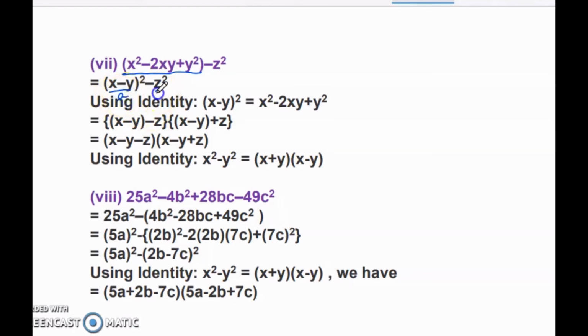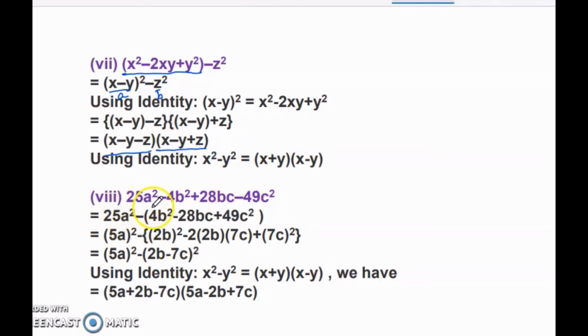So taking this as a and this as b, we can factorize it in this way. A minus b, that is x minus y minus z, into a plus b, that is x minus y plus z. These will be the factors. X minus y minus z into x minus y plus z.